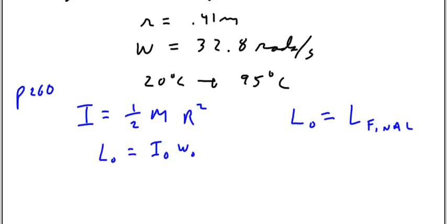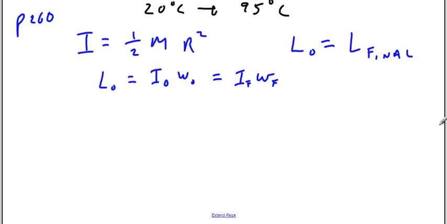And we know that that's going to have to equal the final angular momentum, whatever it is, the final moment of inertia times omega final. Okay, so those are things that we know, and from that we can calculate omega final.